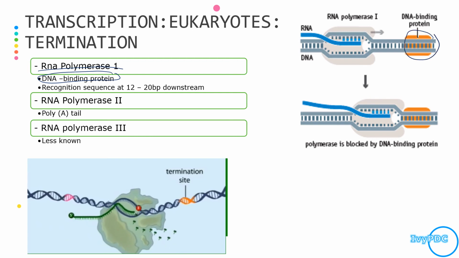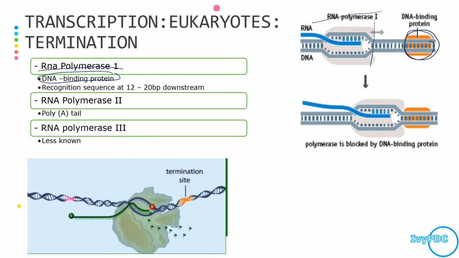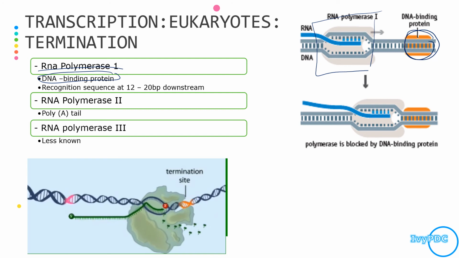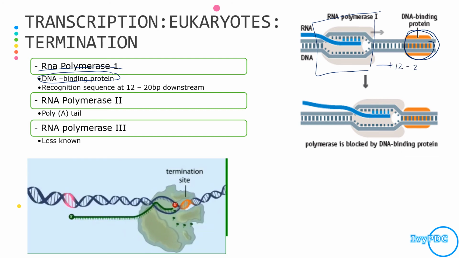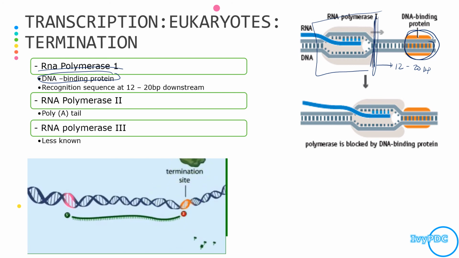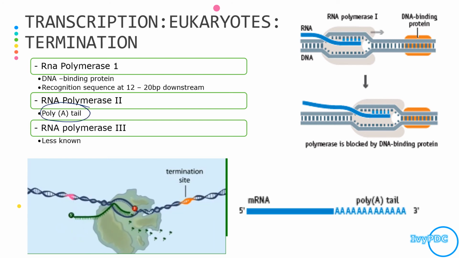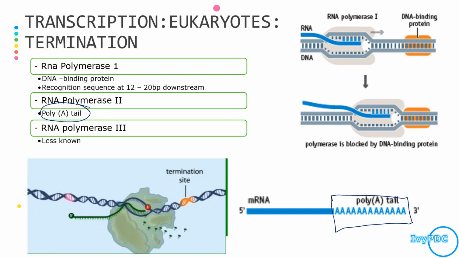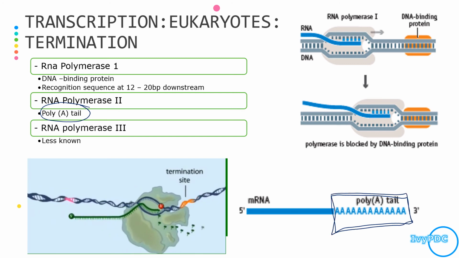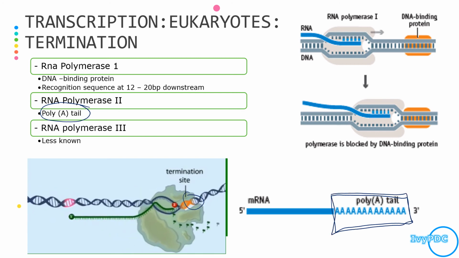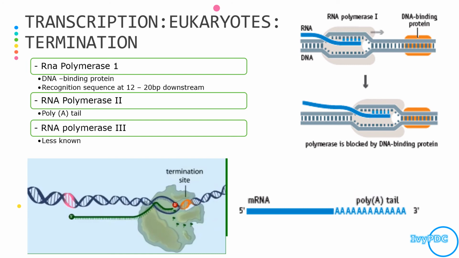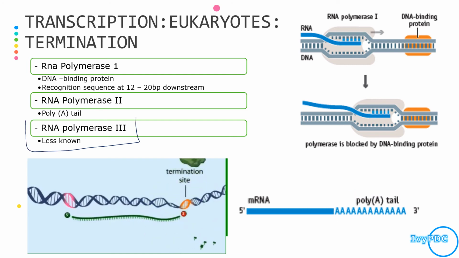This DNA binding protein is seen after the genes that should be transcribed and is usually located 12 to 20 base pairs after the genes transcribed. For RNA polymerase 2, we add a poly-A tail. A poly-A tail is a series of adenosine nucleotides that are attached at the termination site. And unfortunately, not a lot is known for the RNA polymerase 3 termination.